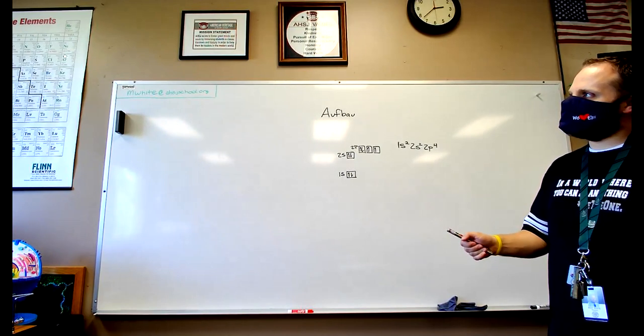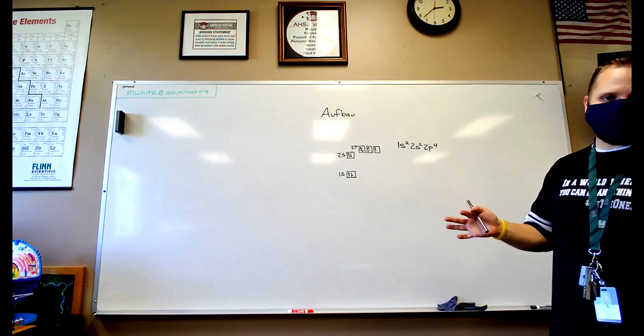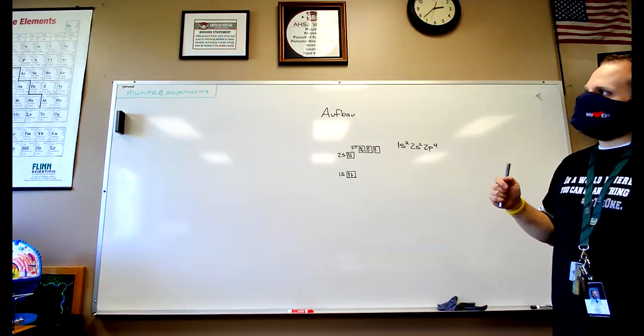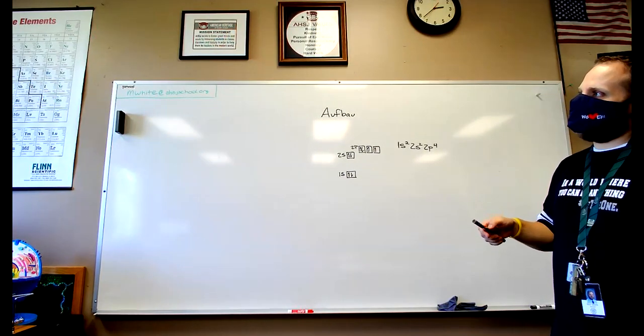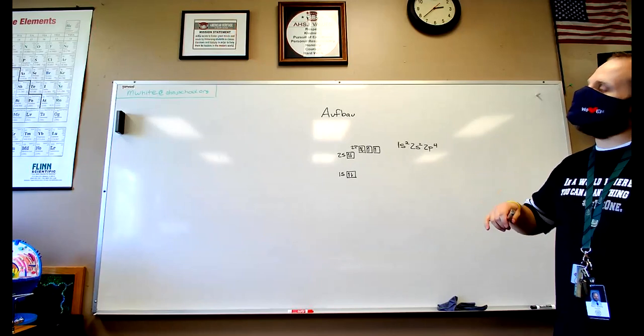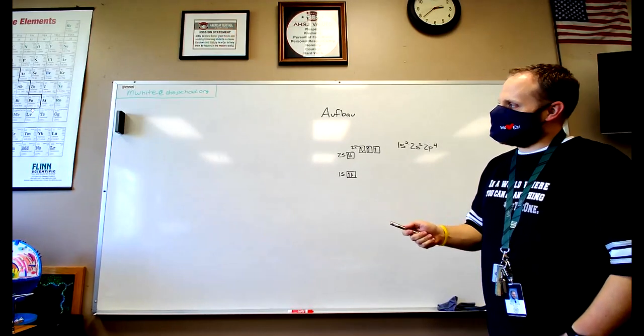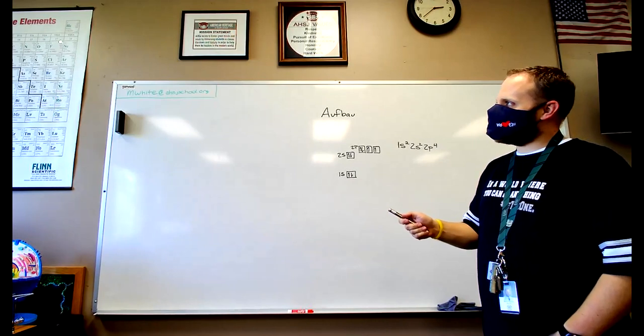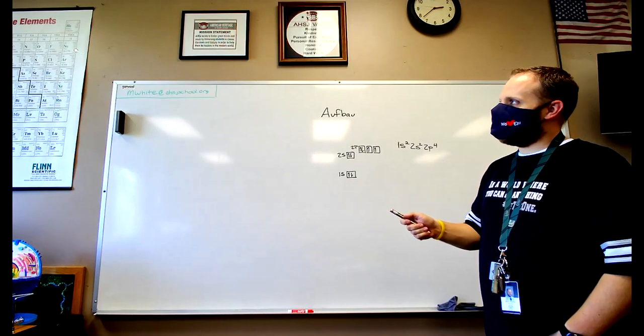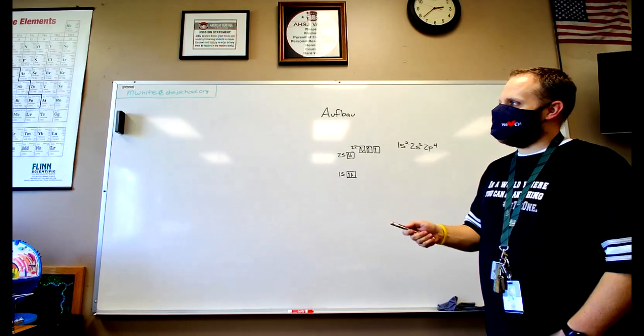Now these, for reasons which we will get into, don't react really well. But we'll talk about that later and why. Anytime we get to the end of this chart, we can use that to shorthand our next elements.